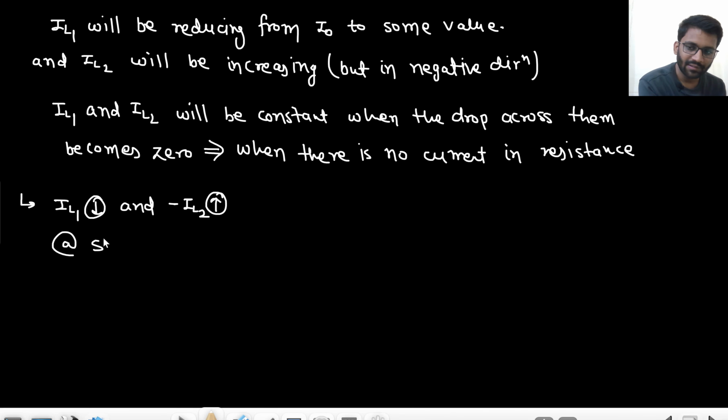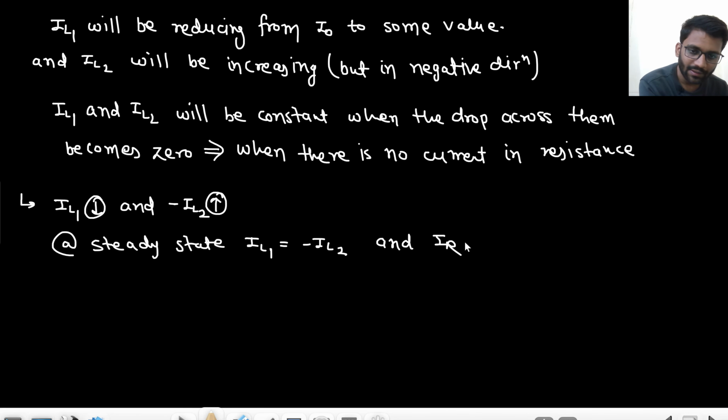At steady state, IL1 will be equal to negative IL2 and IR becomes 0. So both of the currents will be equal. So basically, what will be the steady state IL1 and IL2? Steady state IL1 and IL2.